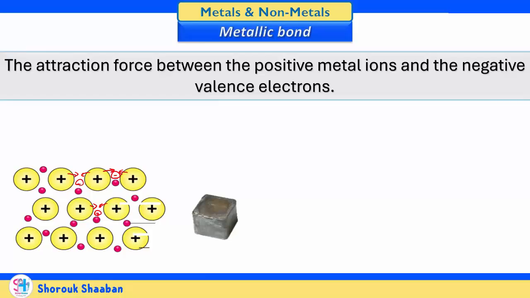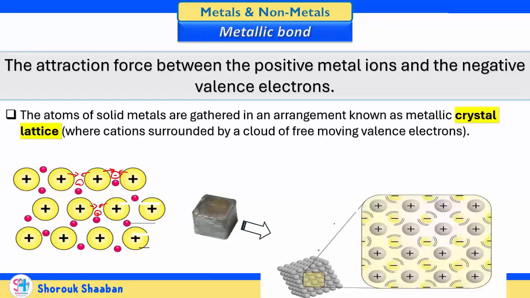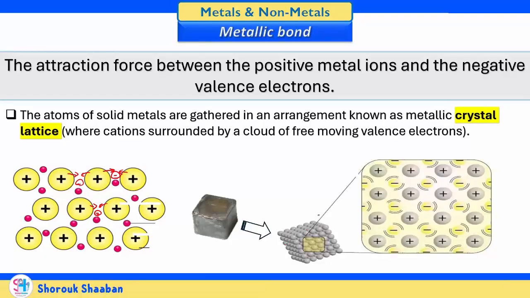Another thing you have to know, this piece of metal has many ions or atoms arranged in a very ordered shape like this called crystal lattice.